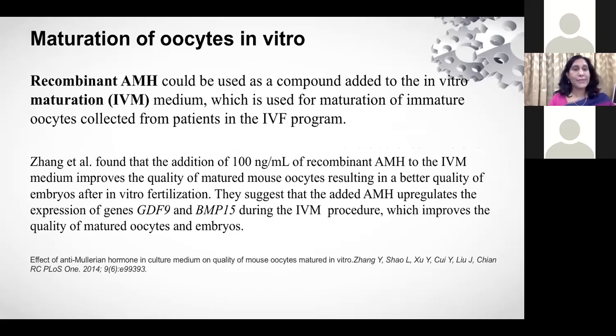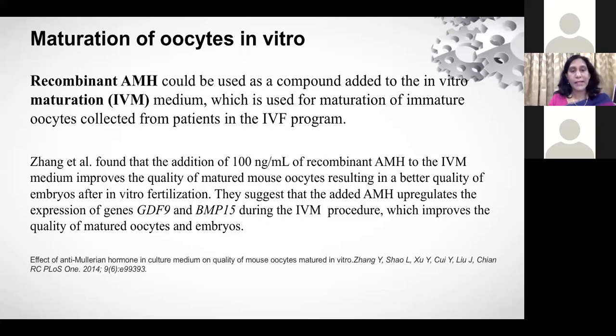Now, there are some still experimental uses of AMH, and one is in the maturation of oocytes in vitro. So in IVF, IVM, in vitro maturation, recombinant AMH could be used as a compound added for maturation of immature oocytes collected from patients in the IVF program.